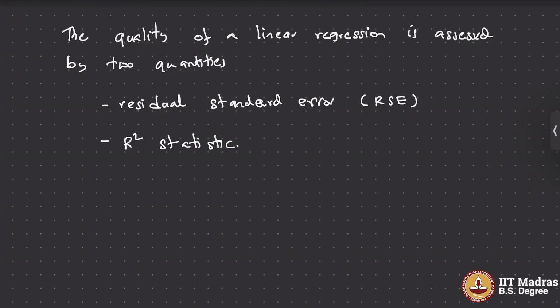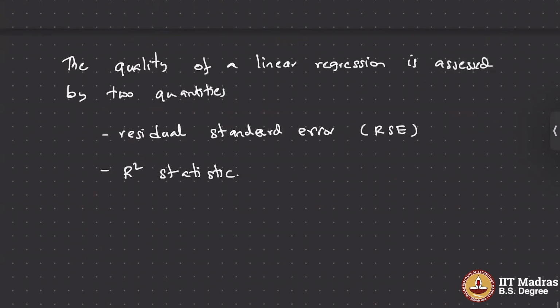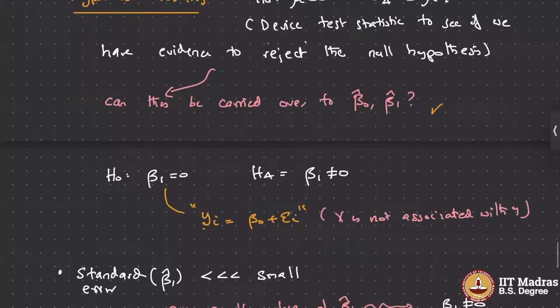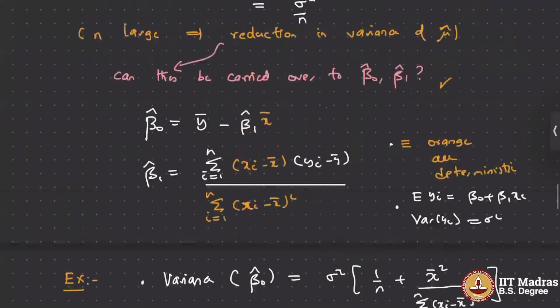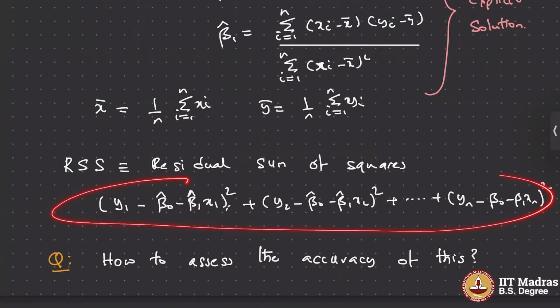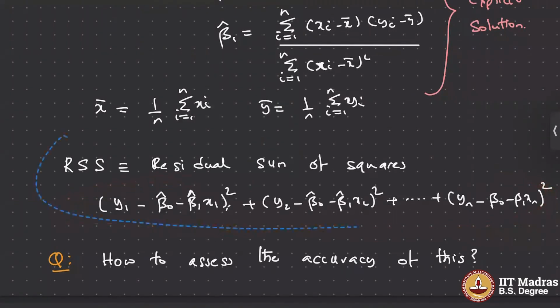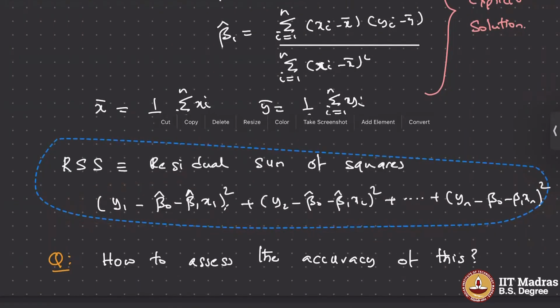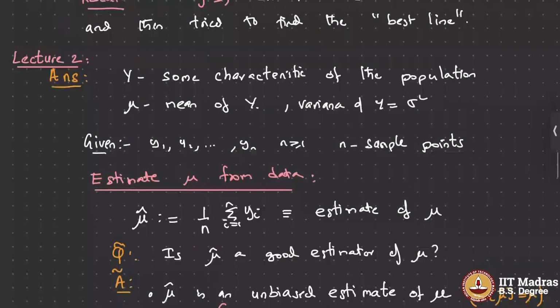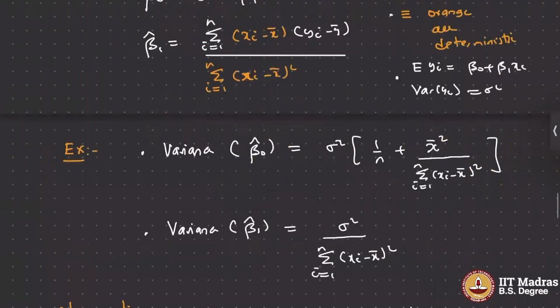So let's discuss one by one. The R-square statistic is essentially, so we already know what the residual sum of squares is. RSS is this residual sum of squares right here. We did this a little before. It's the summation of yi minus beta. Let's copy this down. I'll write the RSE down.